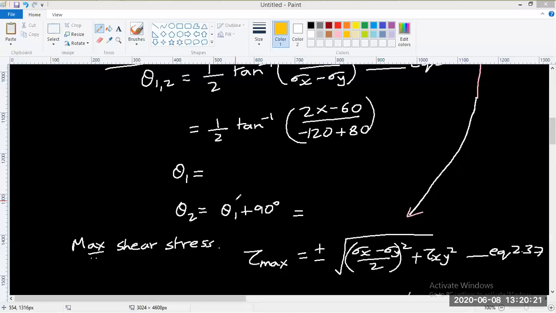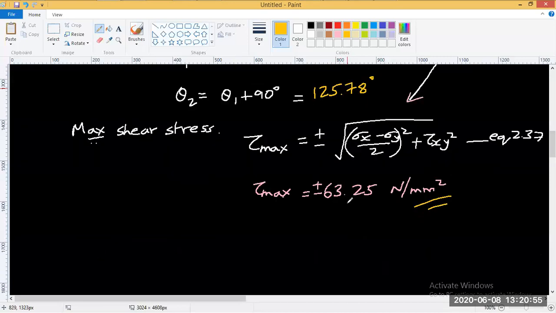Minus 40. Tan inverse of that and half of that. So I'm getting an angle of 35.78 degrees, and add 90 degrees to that. You'll get your second principal axis. So it's 125.78 degrees. Right. So that's it.